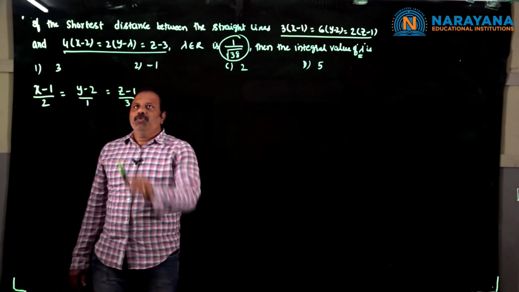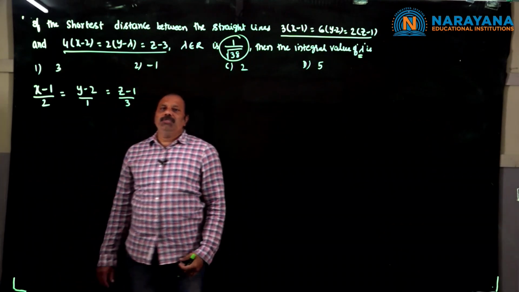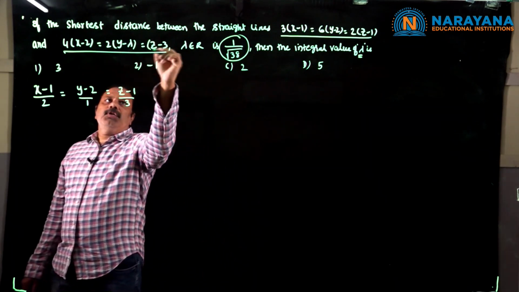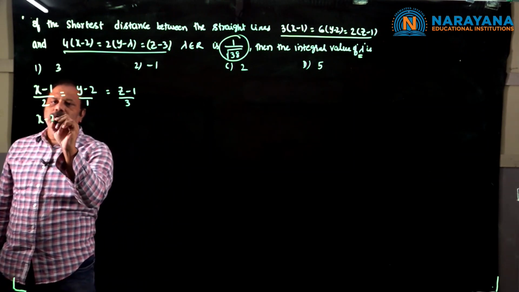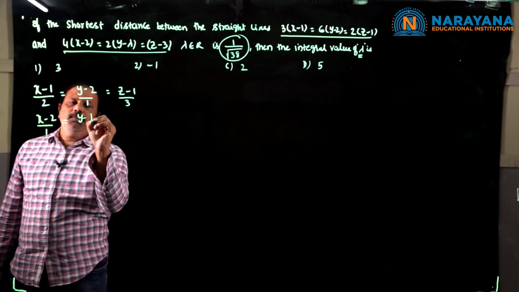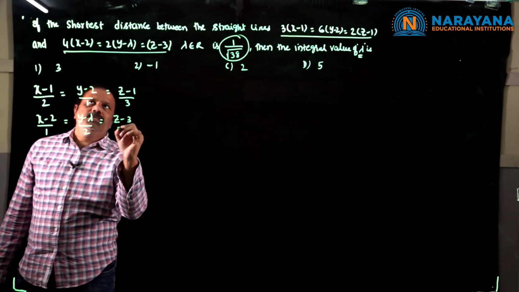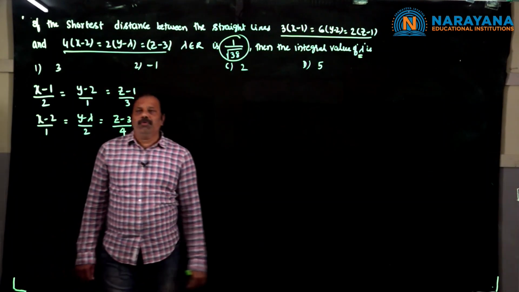The other line is 4 times (x minus 2) is equal to 2 times (y minus lambda) is equal to z minus 3. Here the LCM of 4, 2, 1 is 4. Therefore, you can write this as (x minus 2) by 1 is equal to (y minus lambda) by 2 is equal to (z minus 3) by 4.